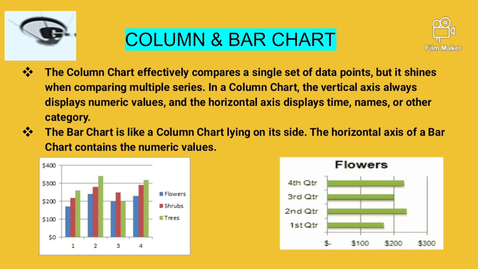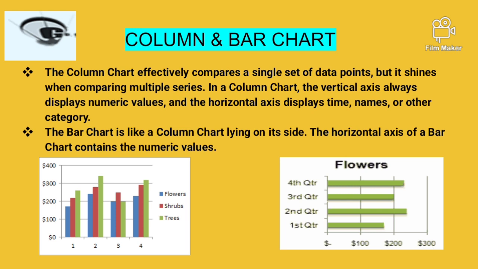This is the scatter chart. Another type of chart category is the column and bar chart. The column chart is very effective and easy to learn. It represents data in a very easy and effective manner. The column chart represents data in the form of long vertical rectangular bars on the x and y axis respectively.